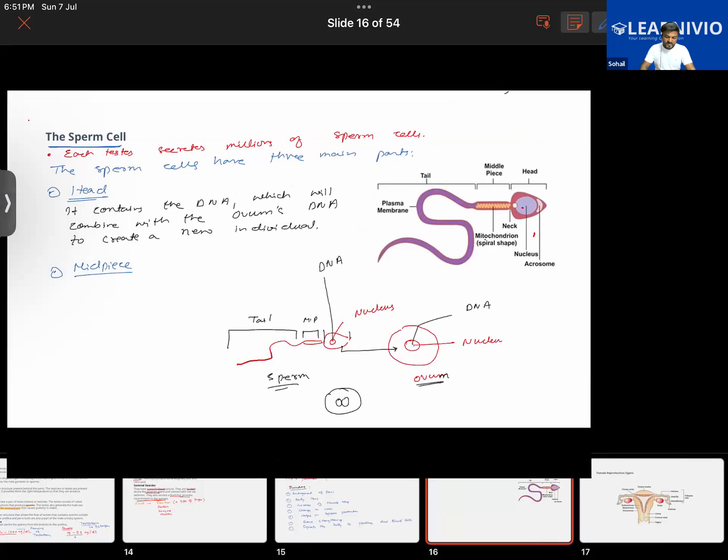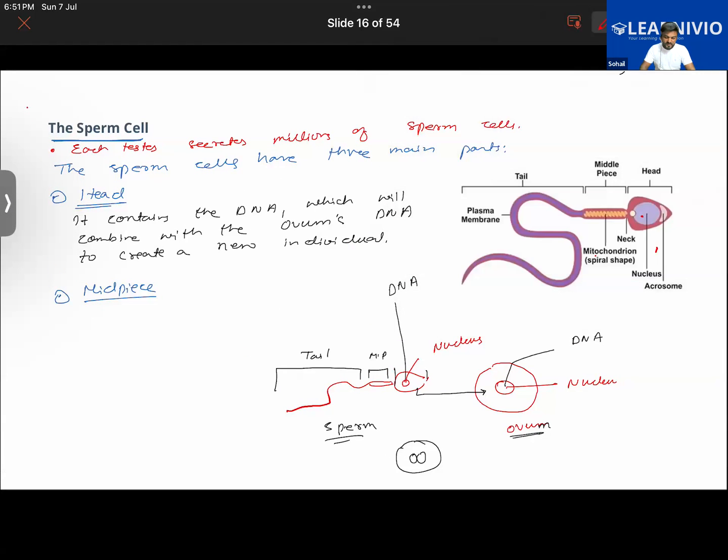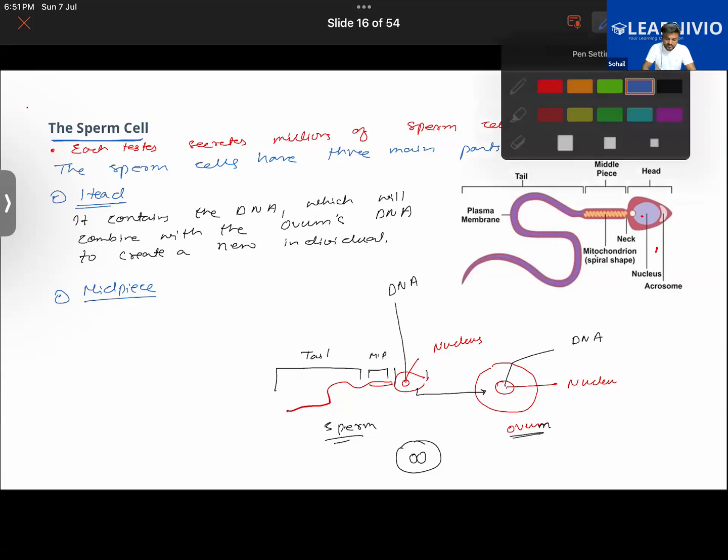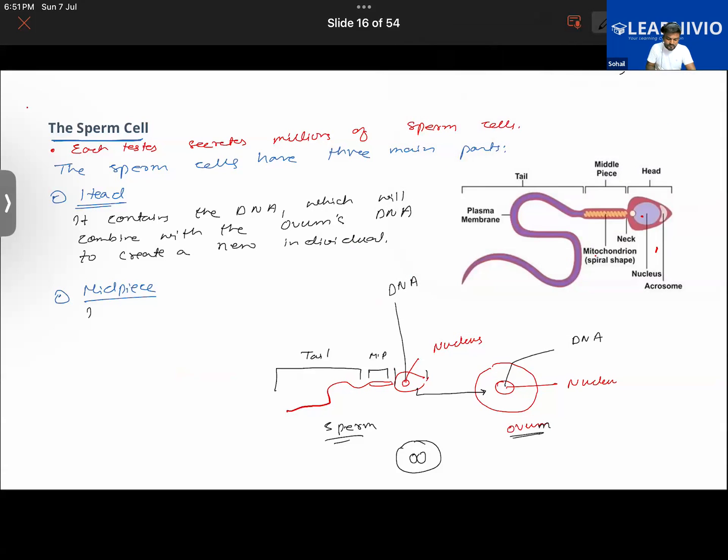So you also give the heading and write down what we have written here. Guys, we were talking about the mid piece, or the middle piece. Mid piece or middle piece, same thing basically. Okay, I will share the screenshot after the class.